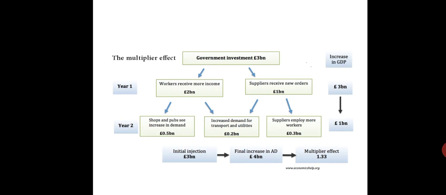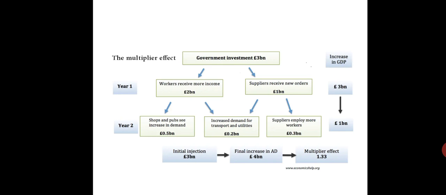So 0.2 billion out of this 2 billion is being spent on transportation as well. You can see that the whole 2 billion is not being spent by the workers. A certain part of it is saved. Only 0.5 and 0.2, that is 0.7, is being spent on consumption, and the rest is saved.